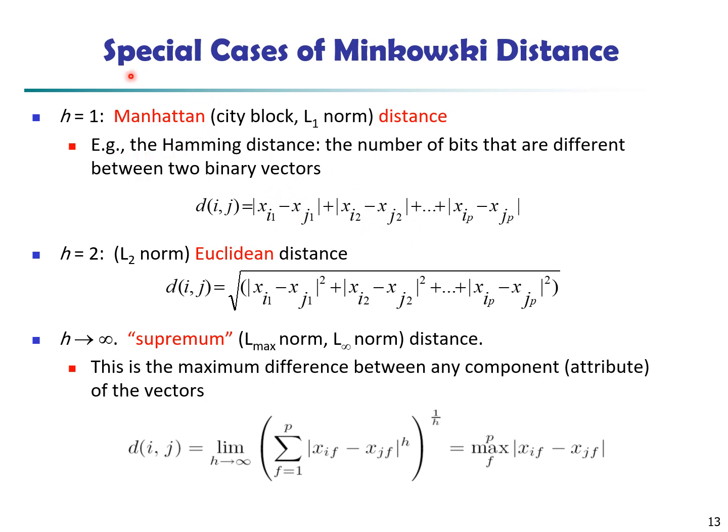In this case, we call it Manhattan. If h equals infinity, we call it the supremum. The supremum is the maximum difference between any component of the vectors. So it's the maximum distance that any component can have.